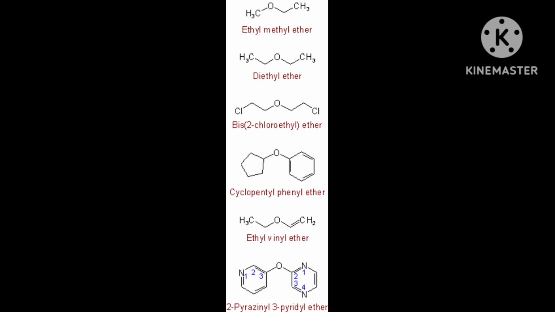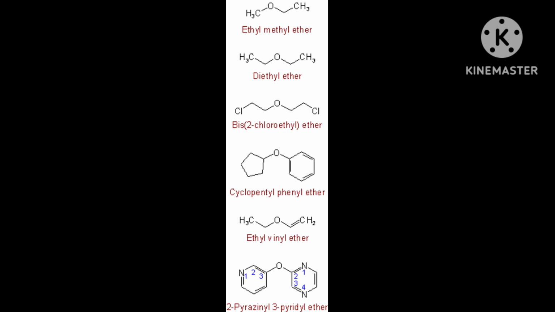Then when you are using 3-methyl, only 4 carbons you have to consider. The fifth one is a branch. Then at carbon number 3, CH3 is there. Then 3-methyl butoxy, not 3-methoxy, 3-methyl butoxy benzene, because finally it is attached with benzene. Then 3-methyl butoxy benzene, correct?